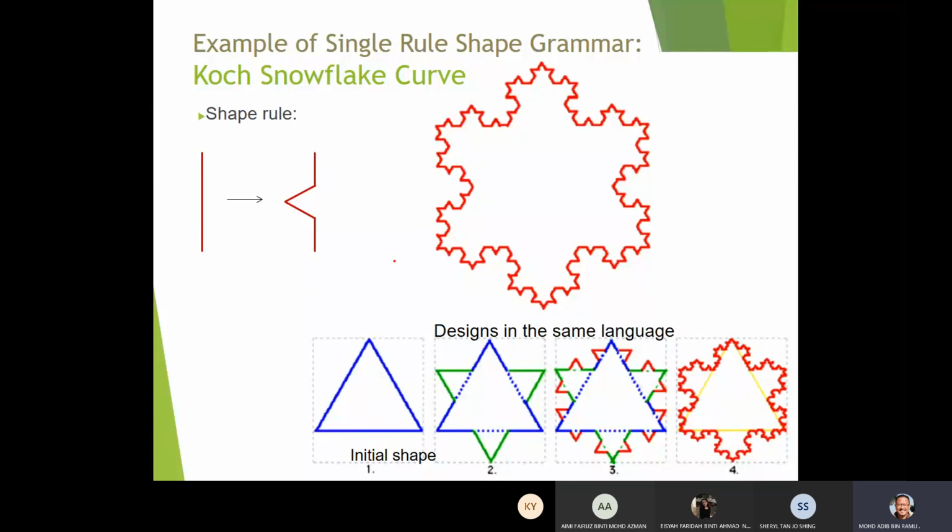So in the end, the final shape would look like just a curve like that. That's why they call it the Koch snowflake curve, because when you keep applying the rules, the line becomes so dense, right? So it looks like curved lines like that.